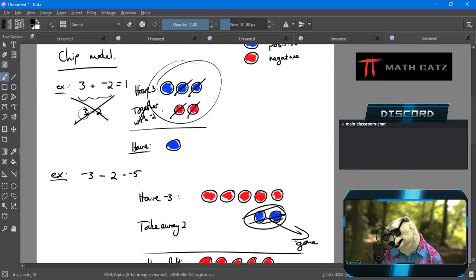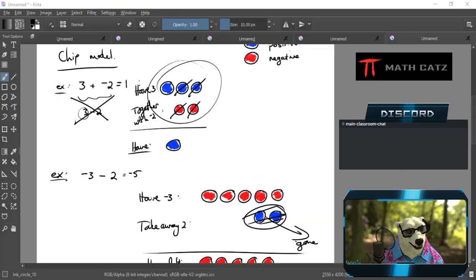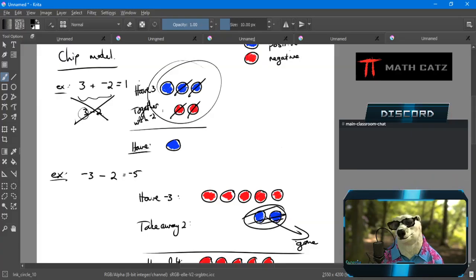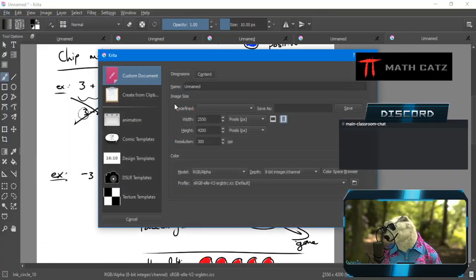The question is asking that I illustrate the chip model in its most basic form, not use mathematical properties allowing me to simplify this and then do it. No, no, no. Not what we want.